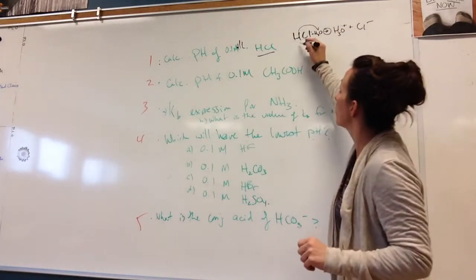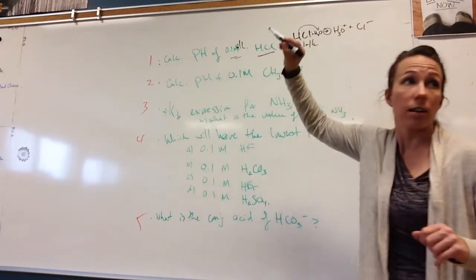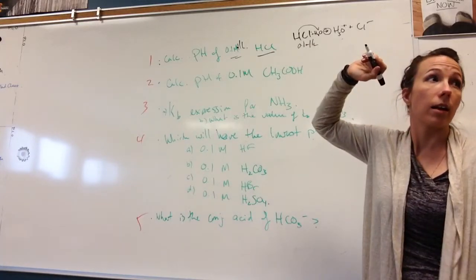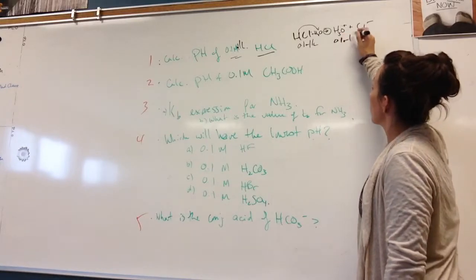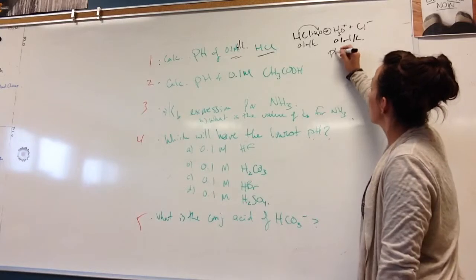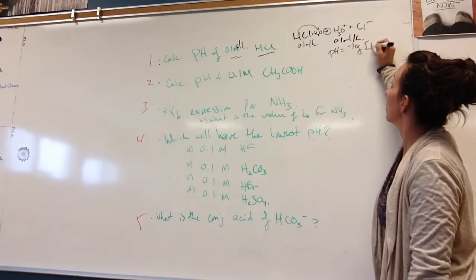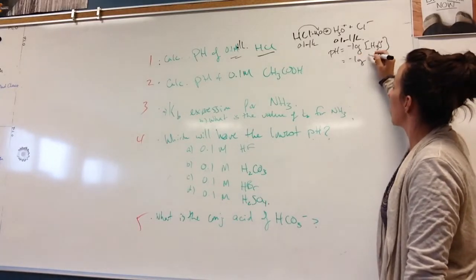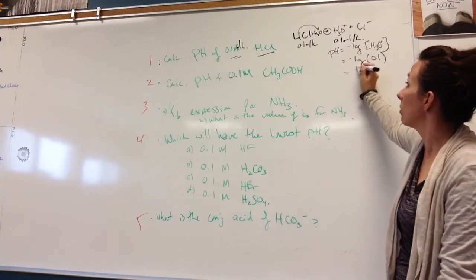But at any rate, I have a 100% arrow here. That means if I have a 0.1 mole per liter solution, as the question says, how many moles per liter is my H3O plus? 0.1 moles per liter. Right? And pH equals? Negative log of 0.1, and so therefore 1.